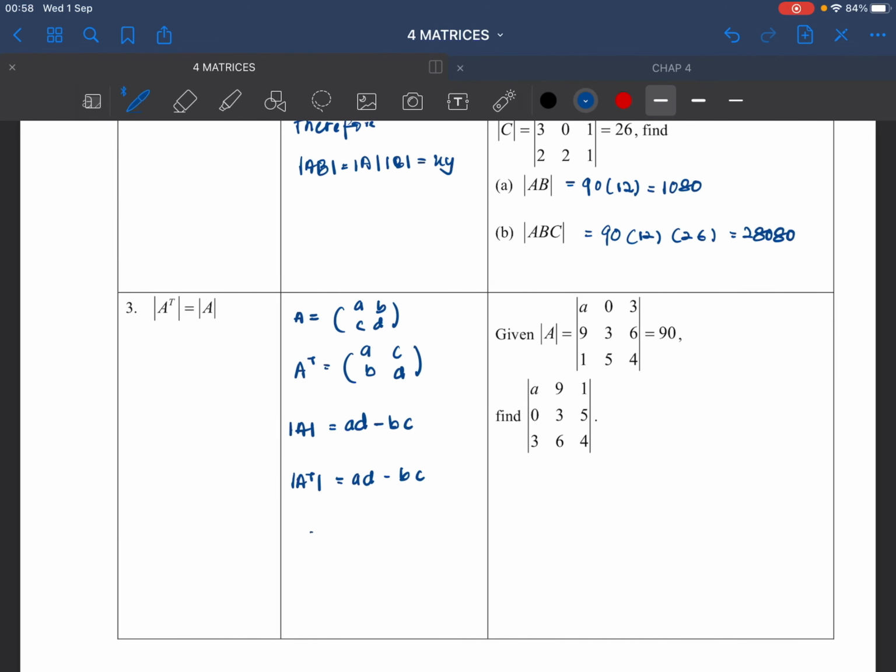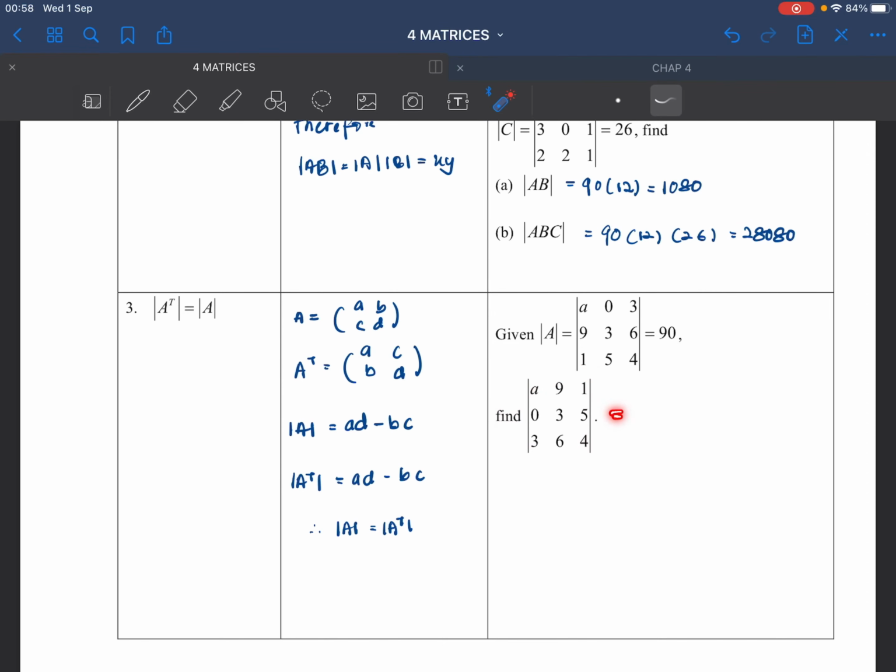So we know that determinant of A equals determinant of A transpose. Okay, so no need to calculate again. If you know the property, you can straight away give the answer. If you calculate again, there are no marks for the working, no marks for the final answer, even if your answer is correct. So for an example like this, if you have the matrix 1 0 3, 9 3 6, 1 5 4 equals 90, so we know that. The question asks to find this determinant.